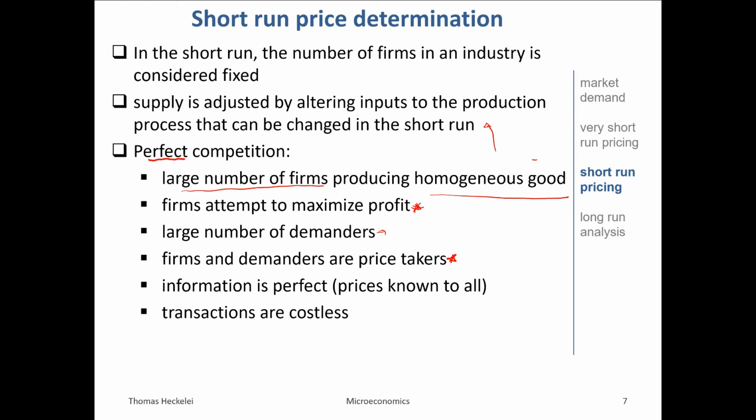Then later, when you want to show that the world is actually working in a completely different way, you have to know what you're criticizing. You have to know clearly what you're opposing. That's important. So right now, just keep that in mind. These are the assumptions of perfect competition, which we need for partial equilibrium models, and not the reality.